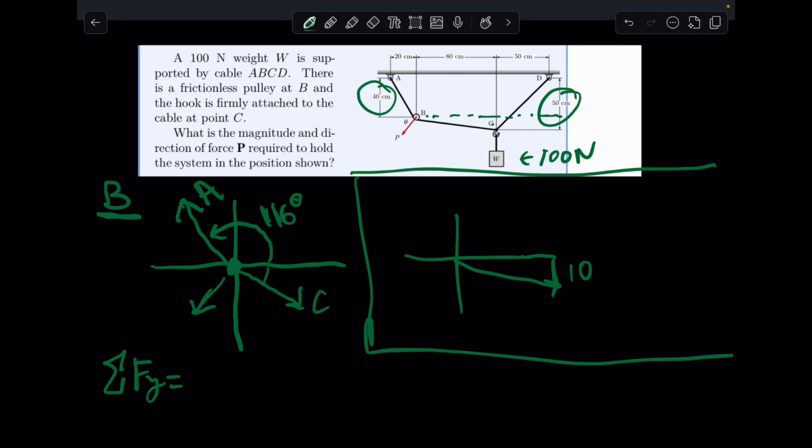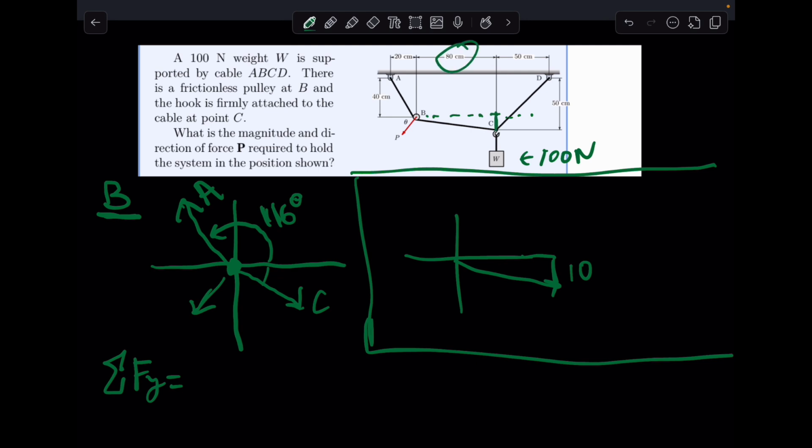And then that gives us a rise here, this one right here. 50 minus the 40 gives us 10. And then our rise is this 80, right?